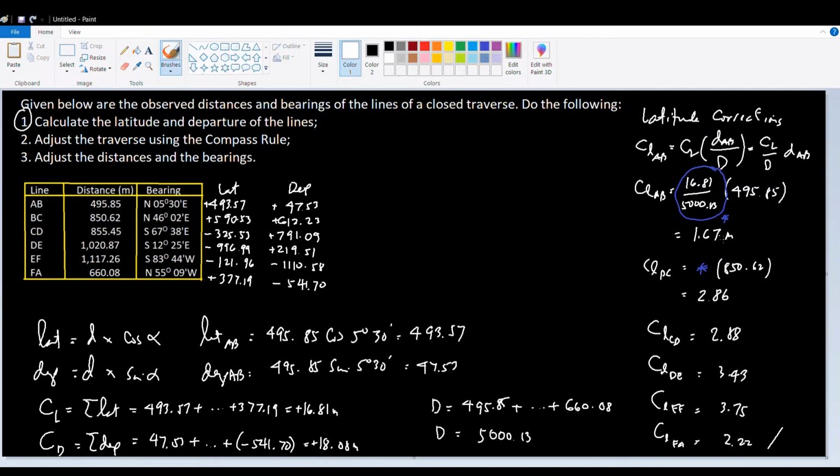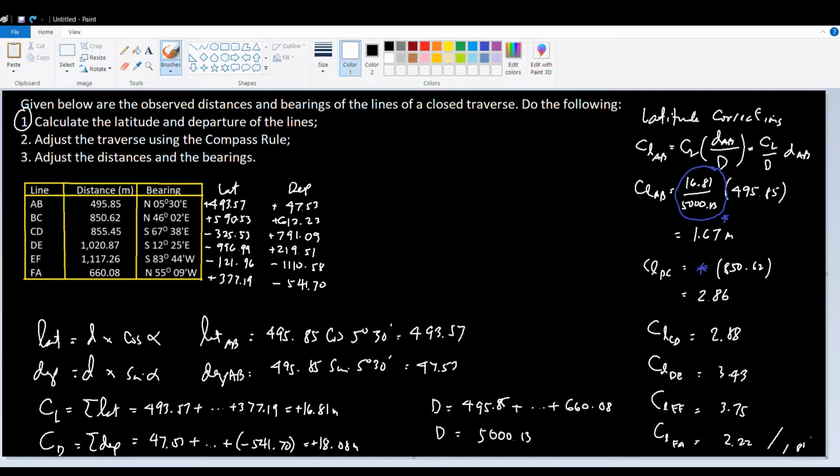Adding them up, we get 16.81. Yes, that is the total.